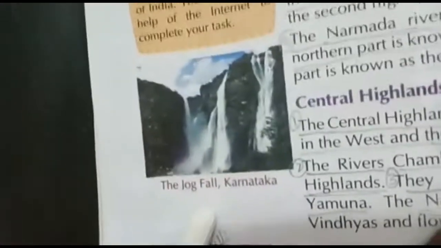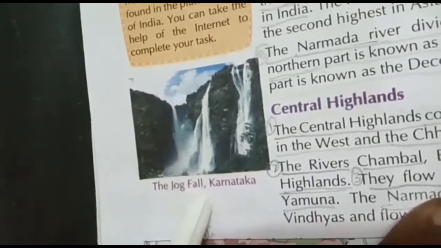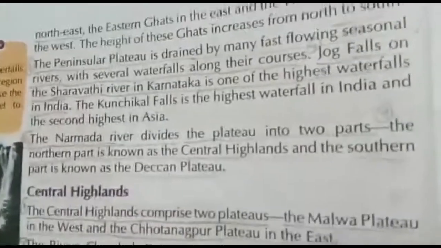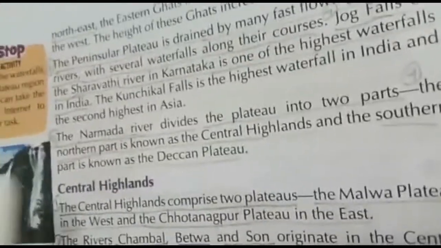Here there is a picture. This is Jog Falls. It is in Karnataka state. It is one of the highest waterfalls in India. One more waterfall is the Kunchikal Falls, which is also among the highest waterfalls in India and the second highest in Asia.